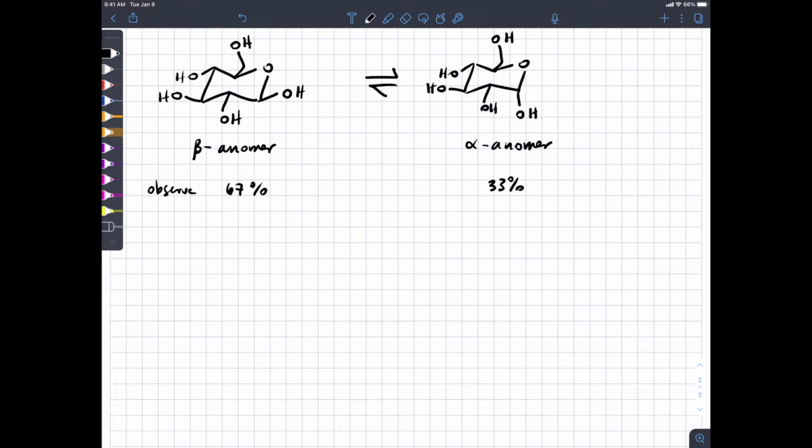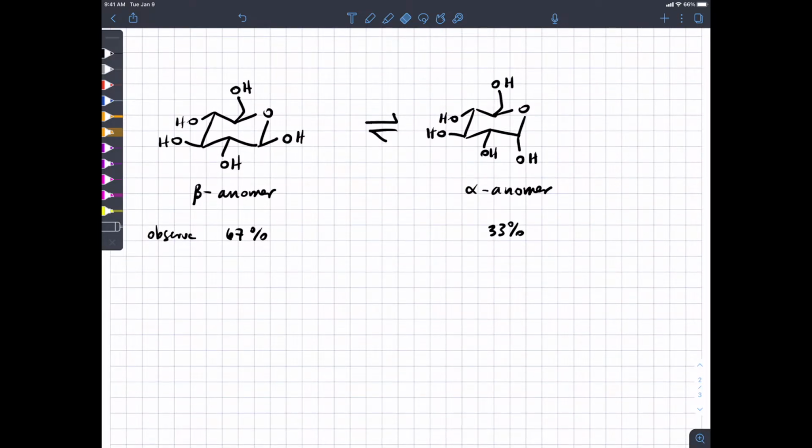If you're axial, you have potential clashes with the other axial substituents. That's 351 stuff, right? One thing you may or may not have learned in 351 is that there are some tabulated A values that tell you how bad it is to have a group axial versus equatorial. Does that sound familiar? Have you heard about that before? No, you got nothing. Okay, that's all right.